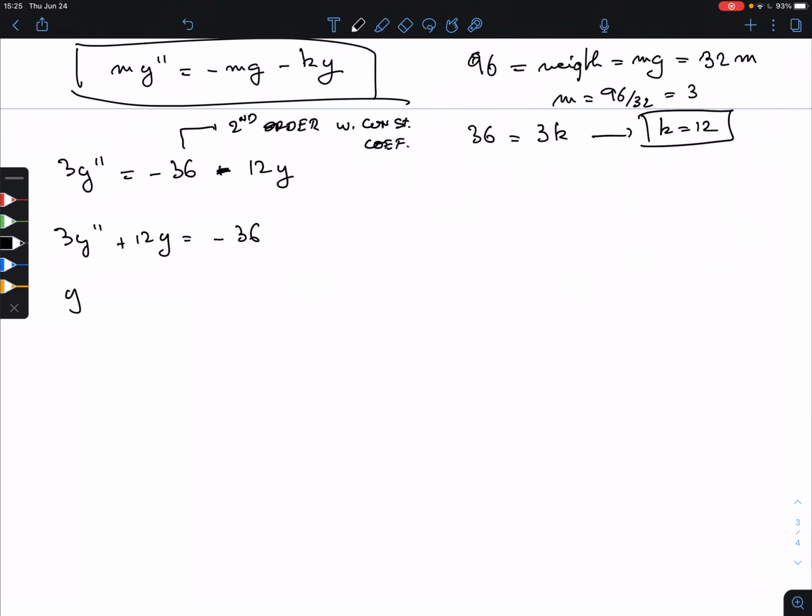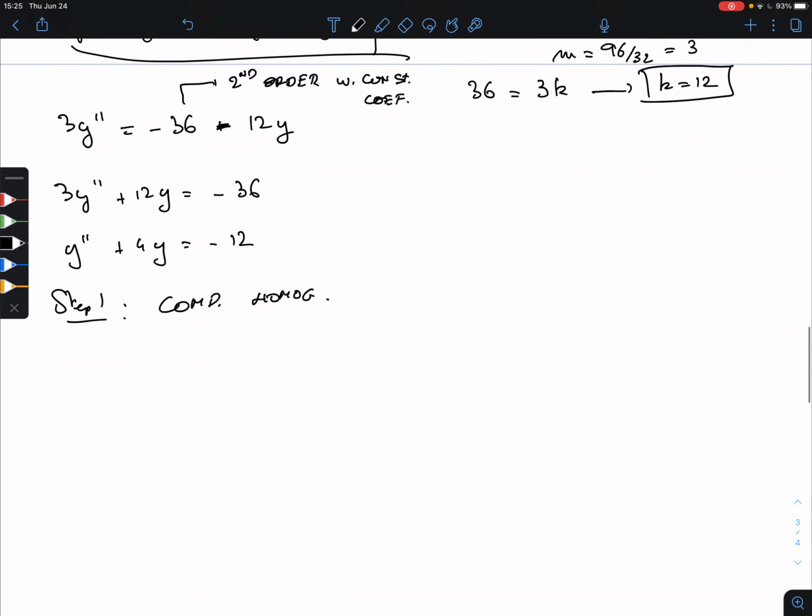First of all, we divide by 3, so we get y double prime plus 4y equals minus 12. Step 1, solving it now: we do the complementary homogeneous equation, y double prime plus 4y equals 0. The characteristic equation is t squared plus 4 equals 0.